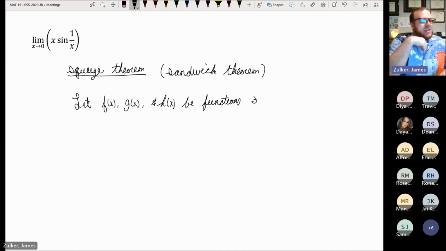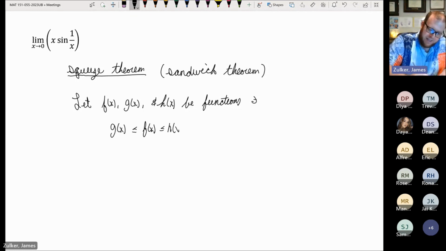So let f, g, and h be functions such that g of x is less than or equal to f of x, which is less than or equal to h of x, for all x not equal to a.